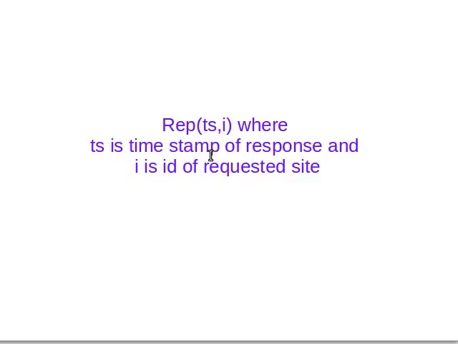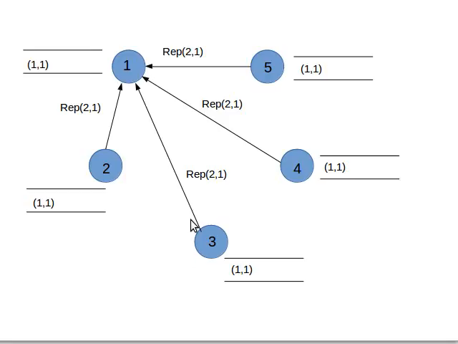Each site sends the reply message to the requesting site. Here the timestamp of the reply message is 2 whereas the timestamp of the request message is 1. So the condition was satisfied, and all the replies have been received by site 1.